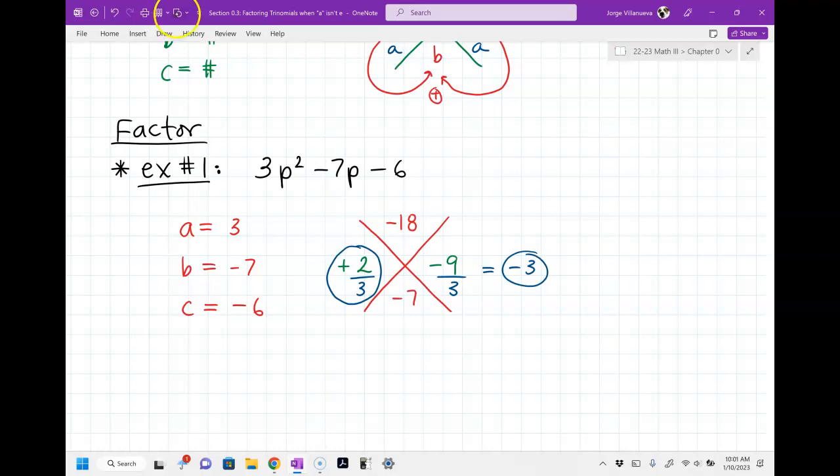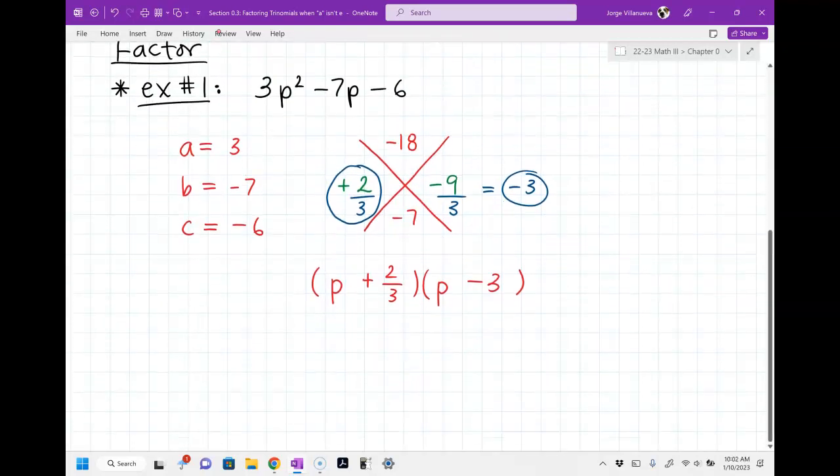Now let me write my answer. I'm going to put 2 parentheses. Since my variable is a p, I'm going to put the letter p in both of them. The first one is going to be a positive 2/3. The other one is going to be a minus 3. Those are the things that I circled. But remember, you cannot leave your answer with a fraction.